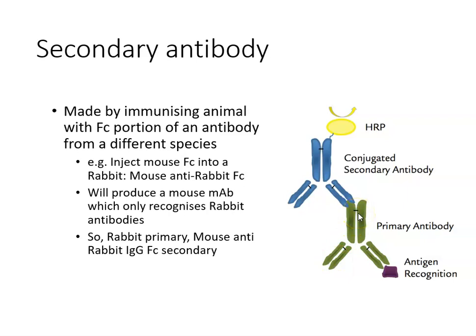I can buy a rabbit anti-P53 protein off the shelf. It'll cost me about £200 for 100 micrograms. I can then buy a goat anti-rabbit Fc antibody for another £150, and that will be horseradish peroxidase conjugated for me.